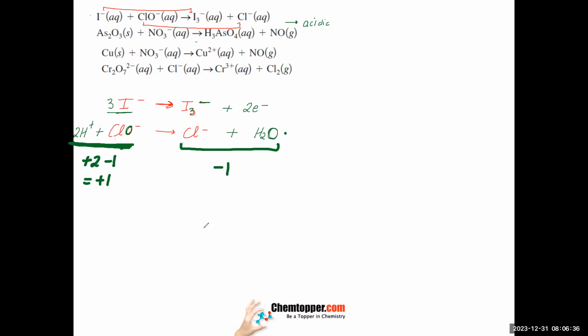Minus 1. So plus 1 to minus 1 is gain of electrons, right? I have to add electrons. So on which side I should add electrons and how many electrons? This is plus 1 and this is minus 1.